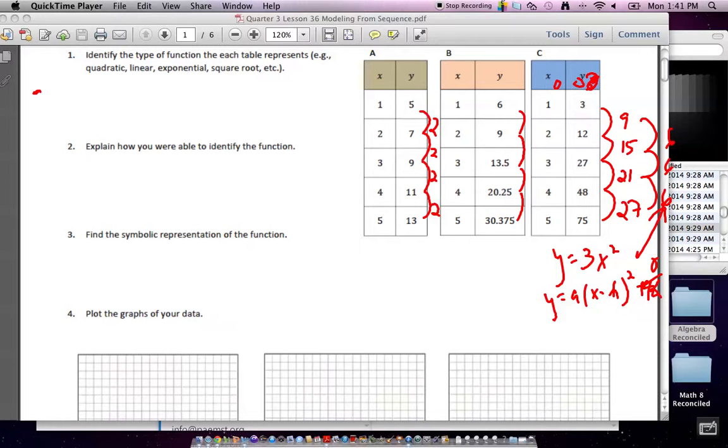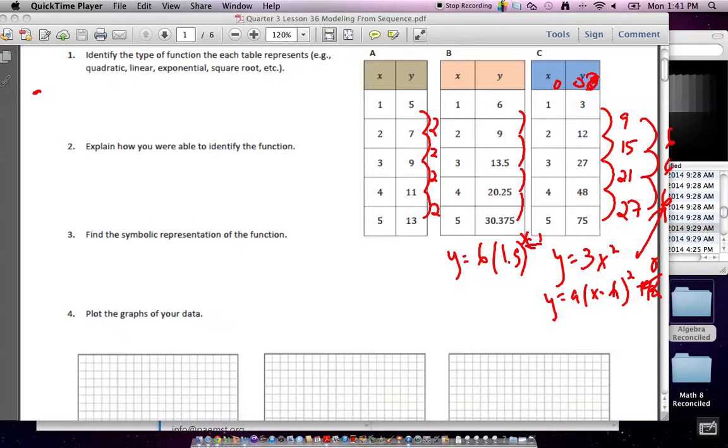Okay, as far as this one goes, this equation is going to be y equals, now the initial or starting amount is 6, the common ratio is 1.5, and we talked the other day about how this would be x minus 1, because we need this to be to the 0 overall for the first term. 1 minus 1 is 0, 1.5 to the 0 is 1, 6 times 1 is 6. So the correct equation is y equals 6 times 1.5 to the x minus 1.